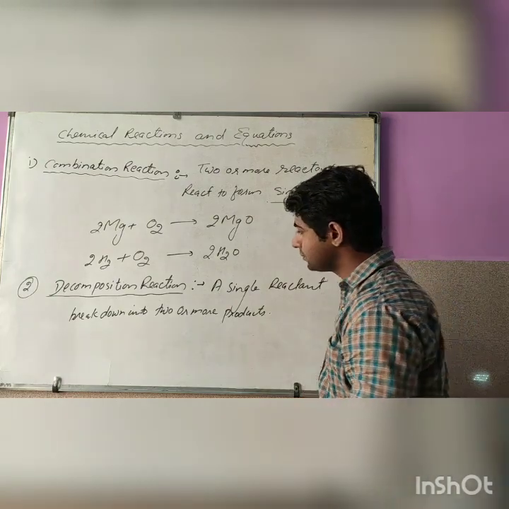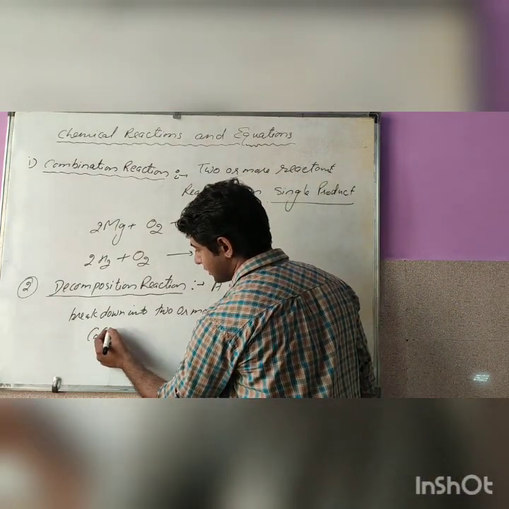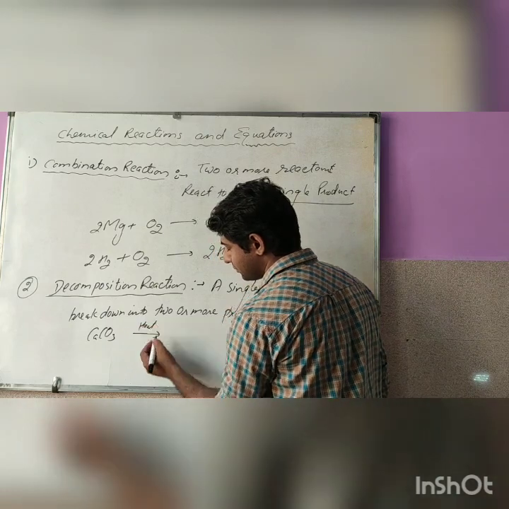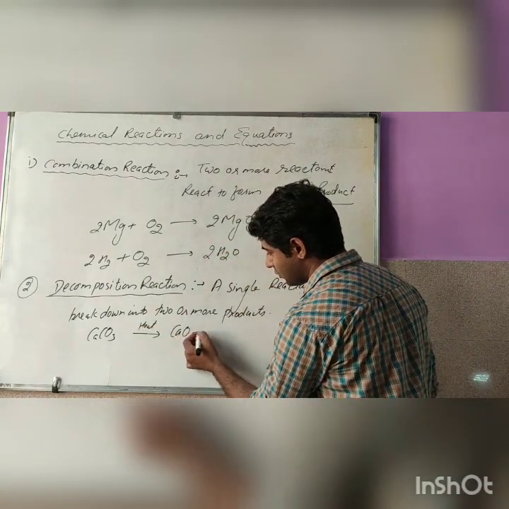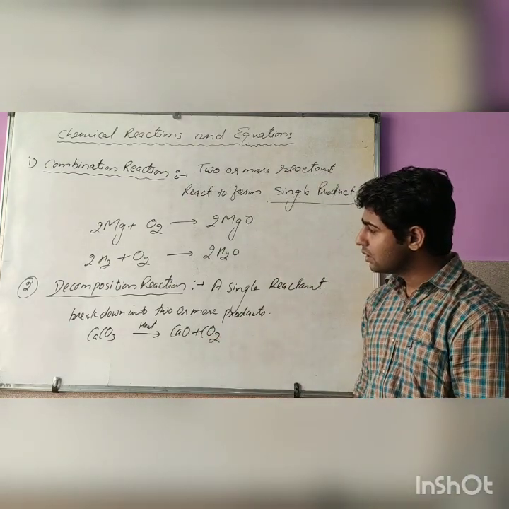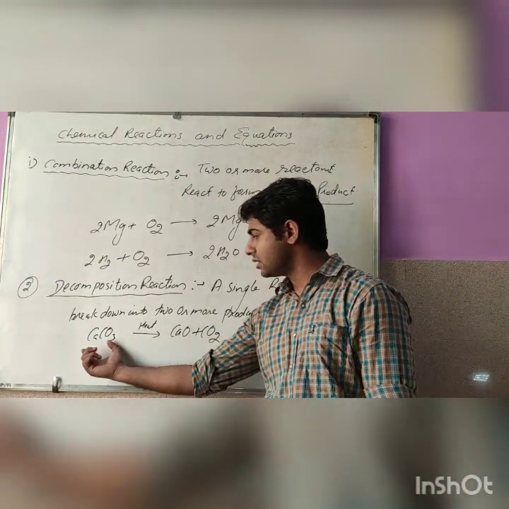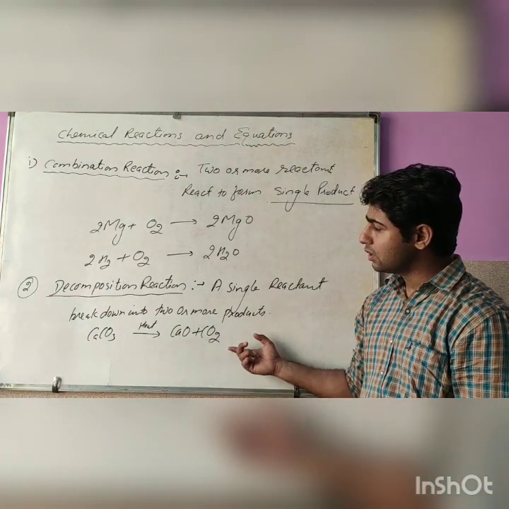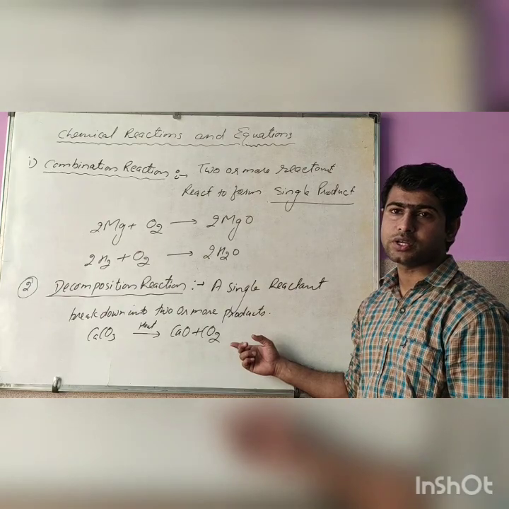For example, CaCO3 on heating will give CaO plus CO2. In this reaction, you can see a single reactant breaks down into two or more products. So this is an example of decomposition reaction.